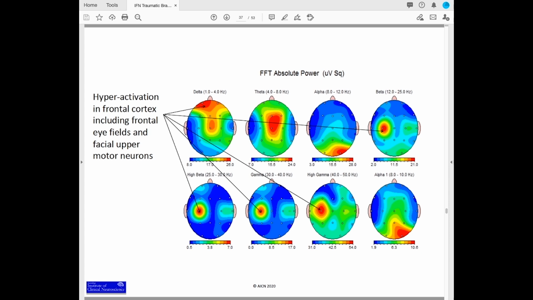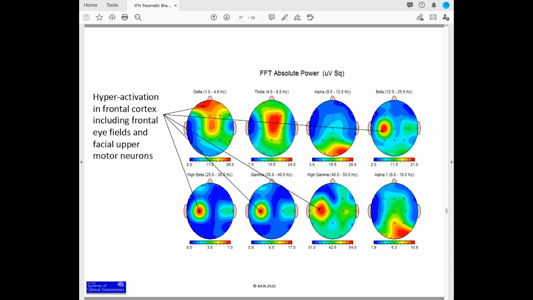These areas are to do with her inability to move the face muscles in the correct way. This area here is the frontal eye fields, which are her eye movements that were being involved.